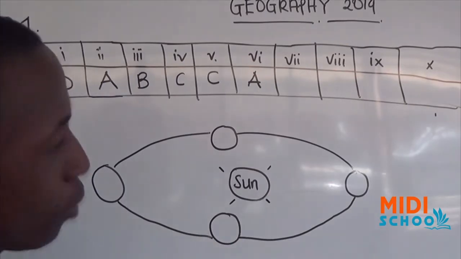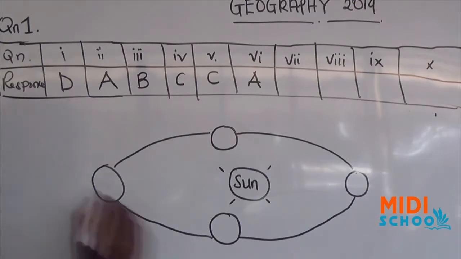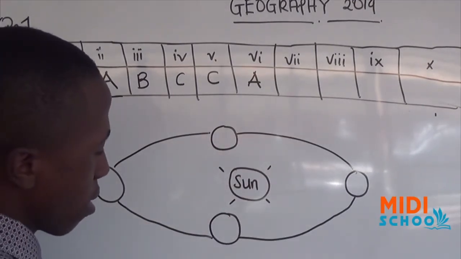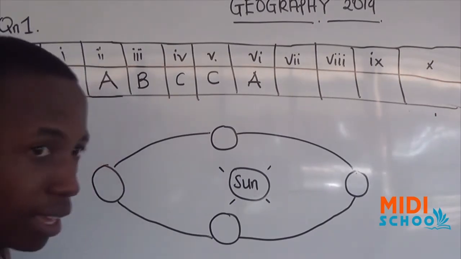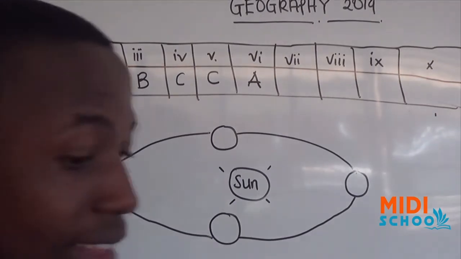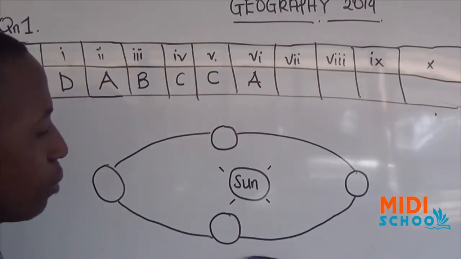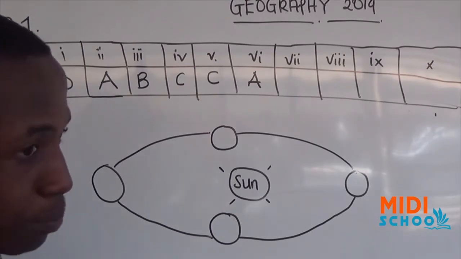As we have said before, from revolution, the earth revolves around the sun. In its revolving around the sun, there are 4 seasons that are produced by it.